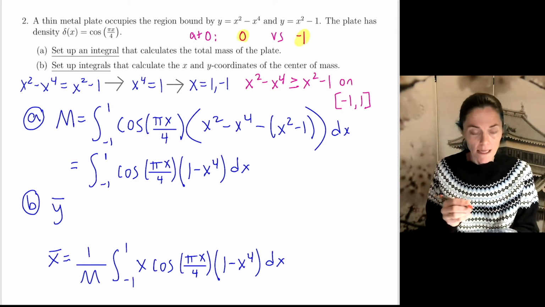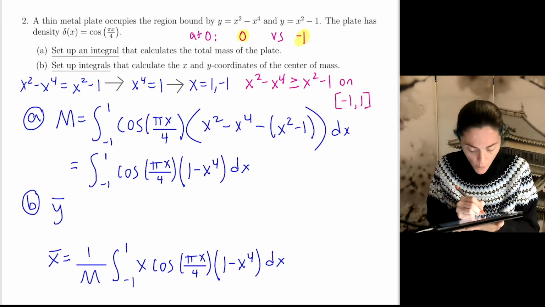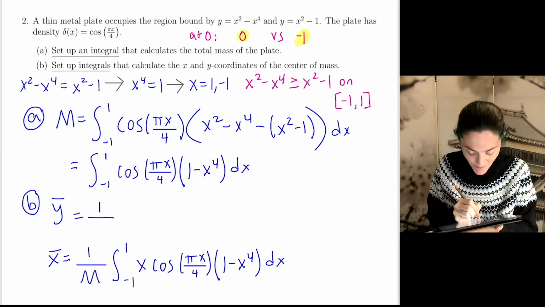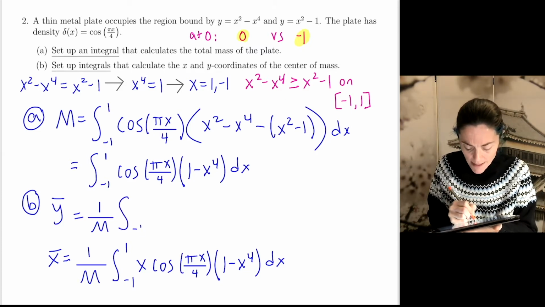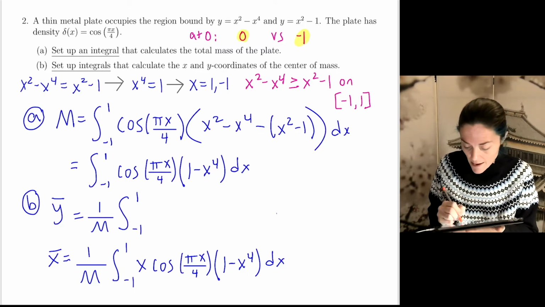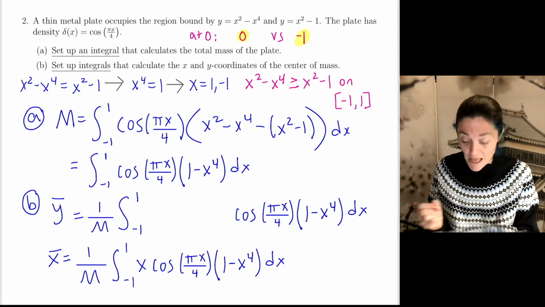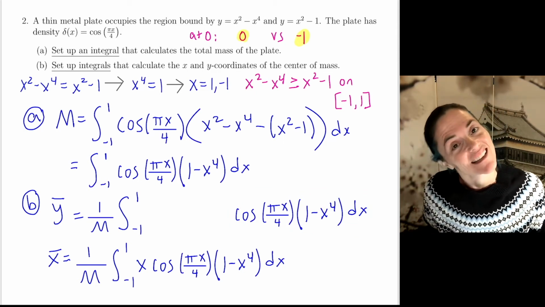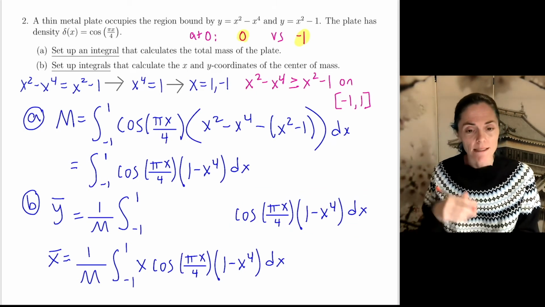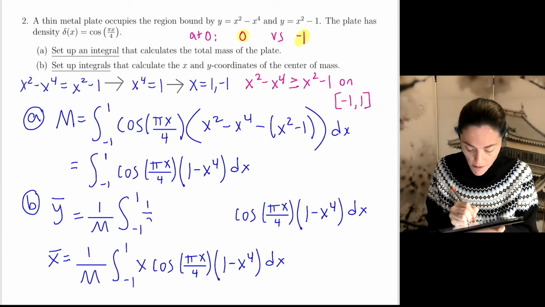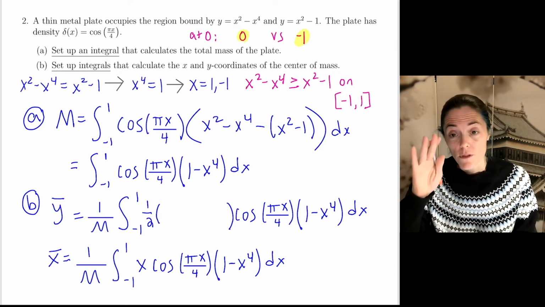Now the y coordinate is a little bit different. Well, some of it is the same. We will still have 1 over m, 1 over the mass. We will still have an integral, minus 1 to 1, and we will still have this part, density, upper minus lower, dx. But then instead of x times all of that, we will have 1/2, and then we have the sum of the two curves.